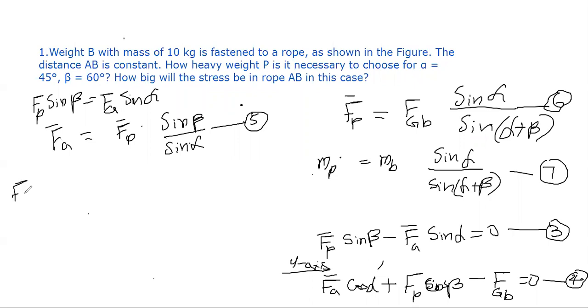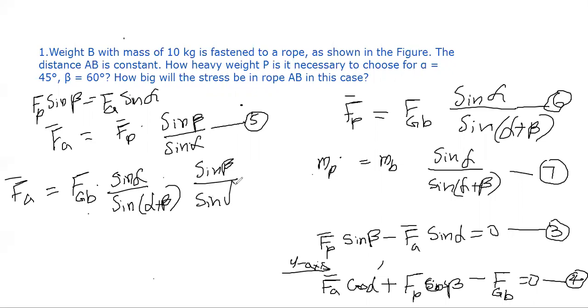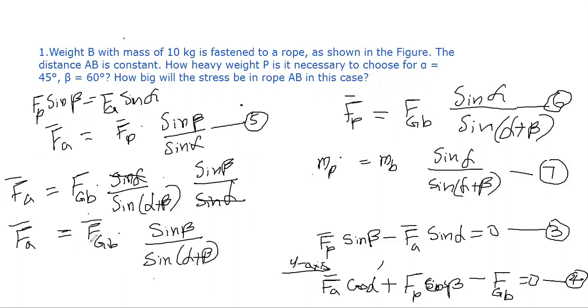Fa is equal to Fgb times sin alpha divided by sin alpha plus beta, into sin beta by sin alpha. The sin alpha cancels out. So Fa, the force with which the rope is tied to the wall, is equal to Fgb sin beta divided by sin alpha plus beta.